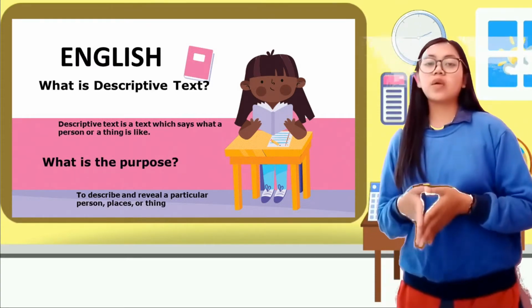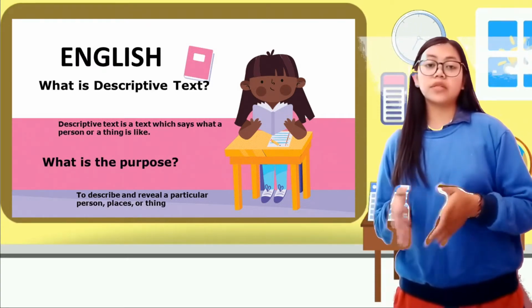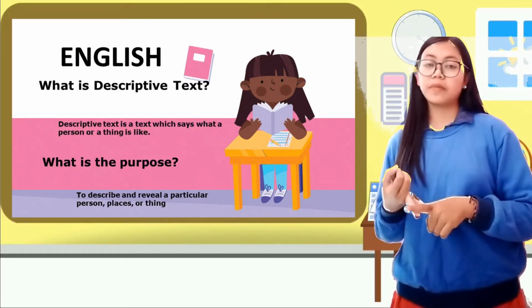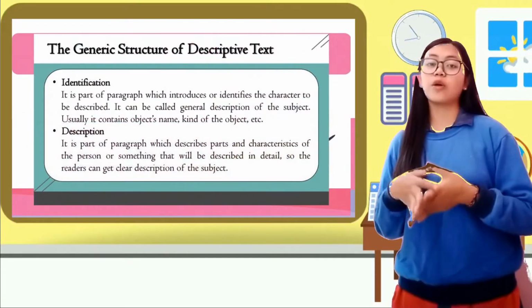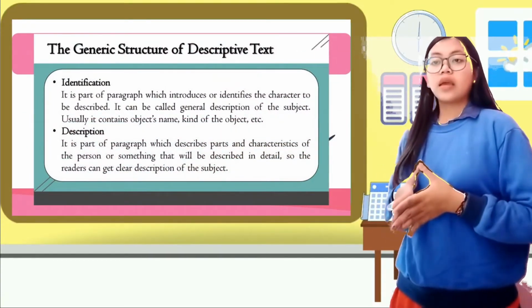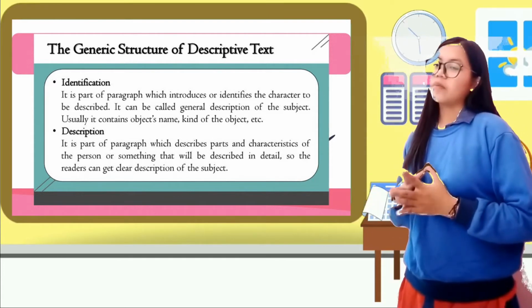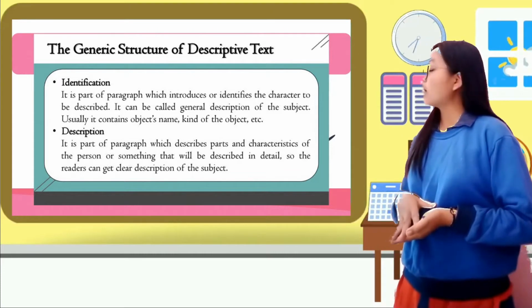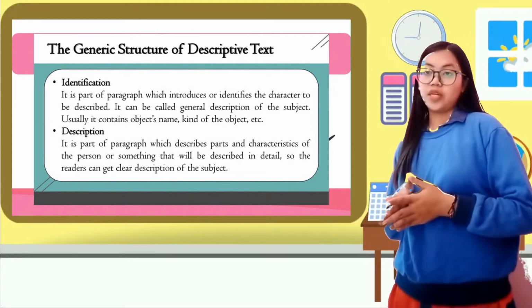Alright, after we already learned about the definition of descriptive text and also the purpose of descriptive text, we move to the structure of descriptive text. There are two generic structures of descriptive text. The first is identification and the second one is description.